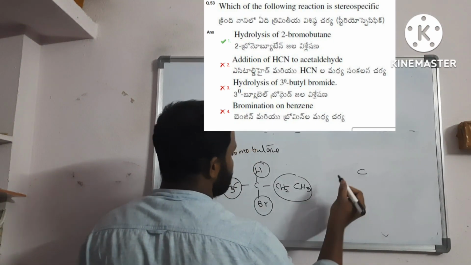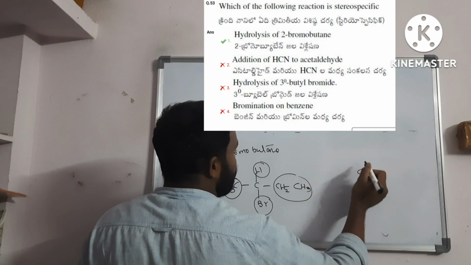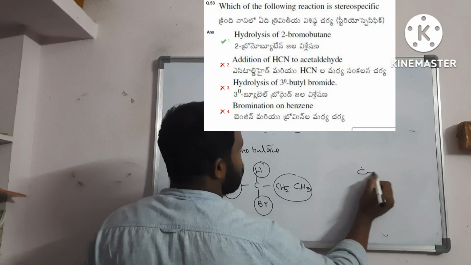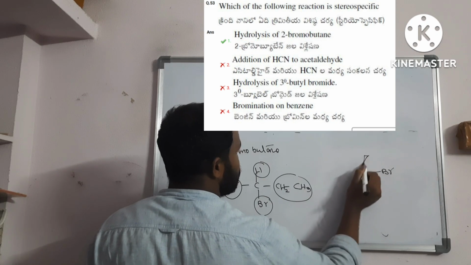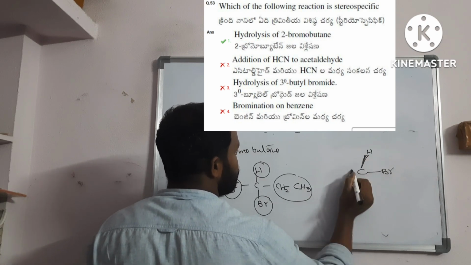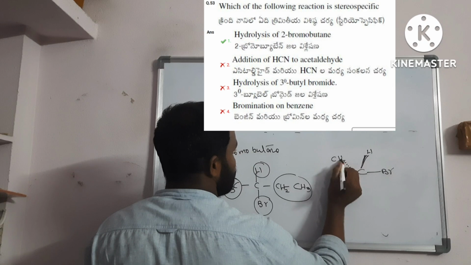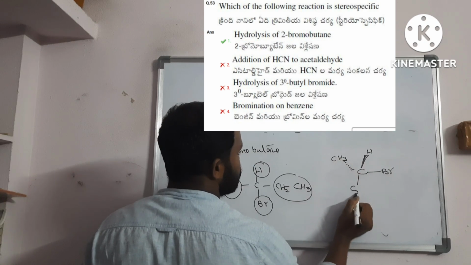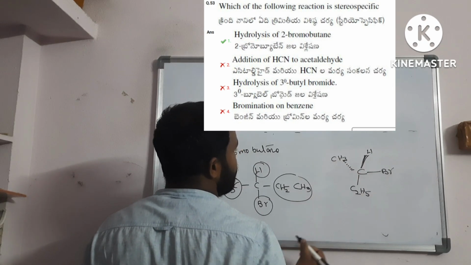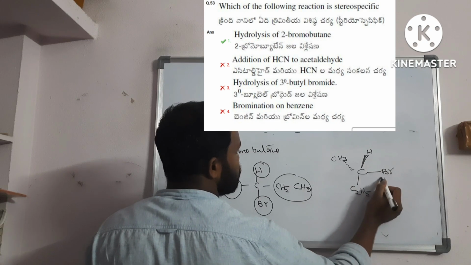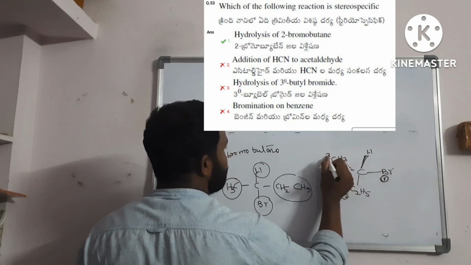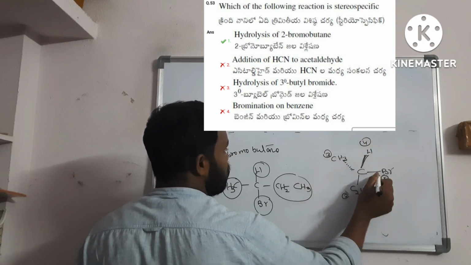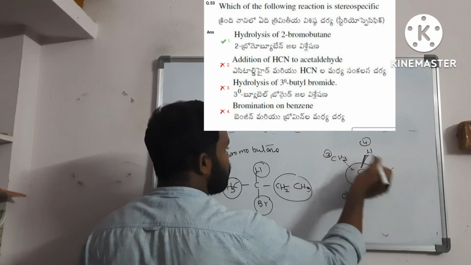If I write bromine here, hydrogen here, CH3 here, and C2H5 here, then if you consider the priorities, first highest group, second, third, fourth priority, 1, 2, 3, 4, that is clockwise.